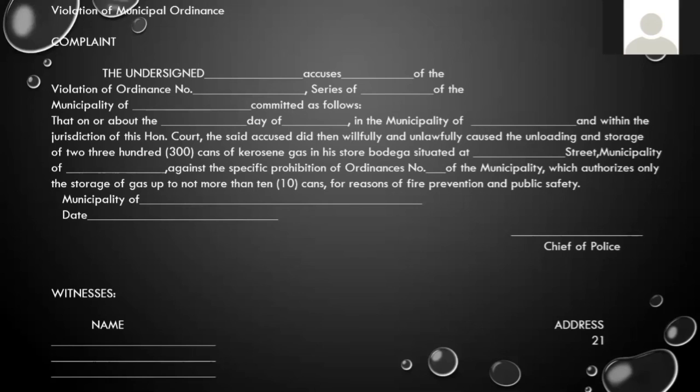Kunyari, number act, yung example po ng crime. Sa murder po, lalagay niyo po yung number act na po.